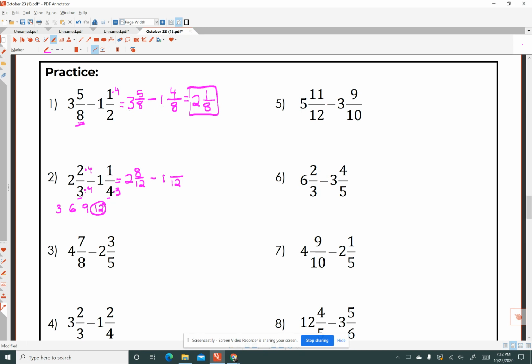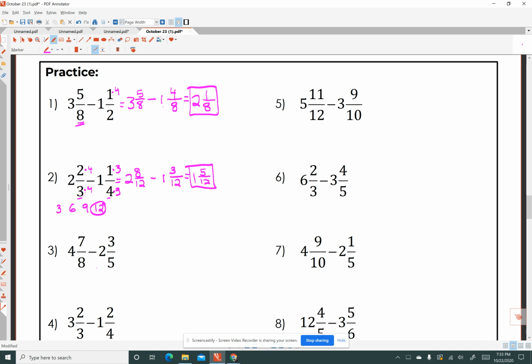So 4 times 3 is 12. 1 times 3 is 3. Now let's look at our numerators. Can we subtract 3 from 8? We can. So let's start with the whole numbers. 2 minus 1 is 1. Our denominator is 12ths. 8 minus 3 is 5. Okay, and that's the final answer.